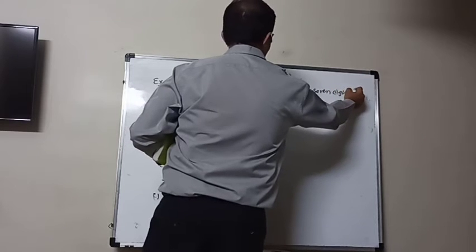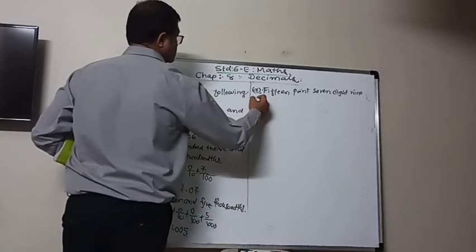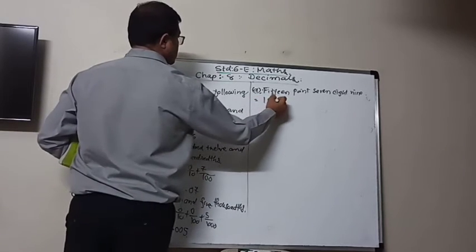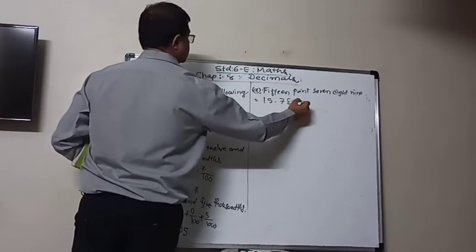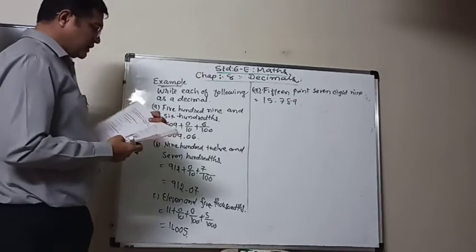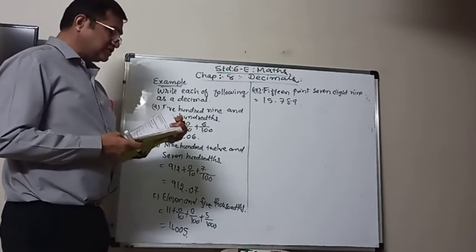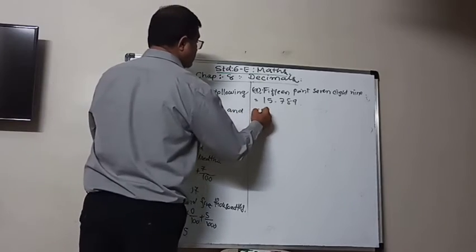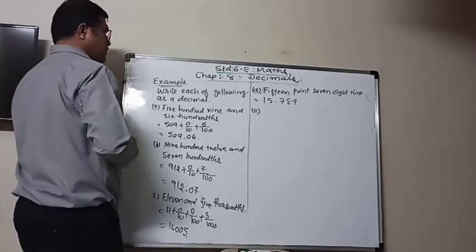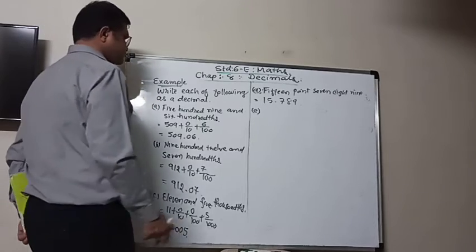If it is given in point, it is very easy. 15, then point, then 789. That is very, very simple. You don't have to do anything. Let's take some more examples. We will not take them with the point because points are very simple.